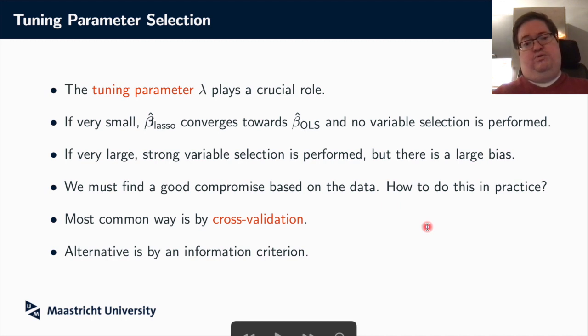But on the other hand, it should be large enough that we actually can handle the high dimensionality. And now thankfully, we can go back to our model selection world where we already looked at information criteria and cross-validation. Doing it directly on the least squares problem was unfeasible, but doing it on the lasso is feasible. So we're not doing it directly, but we're doing it on lambda.